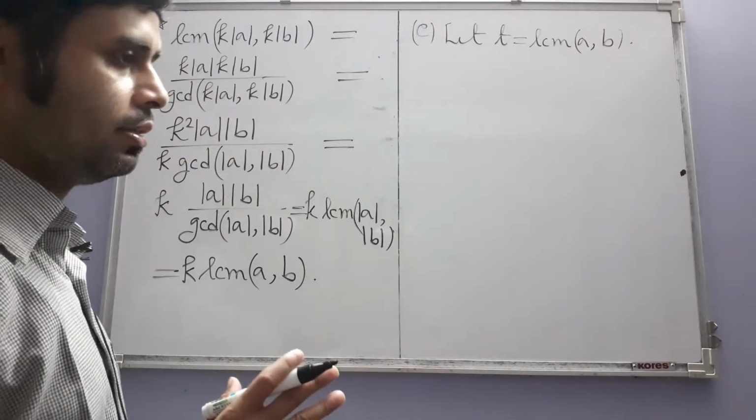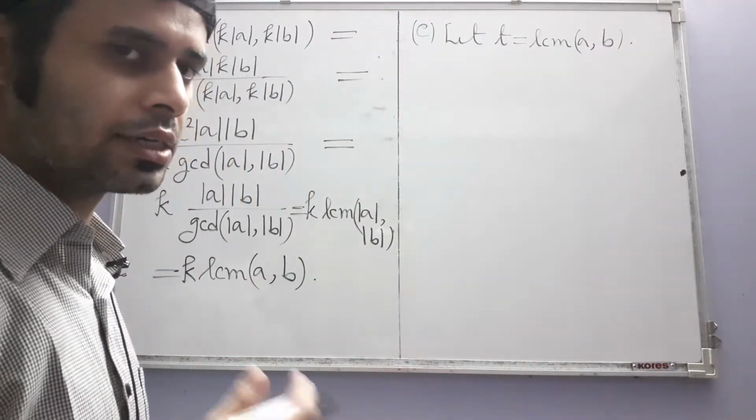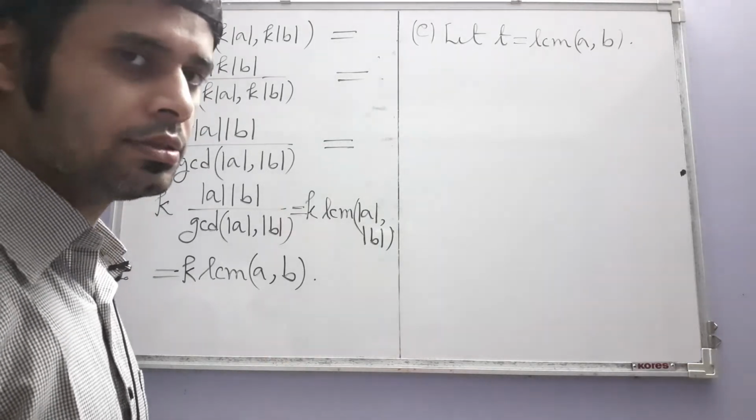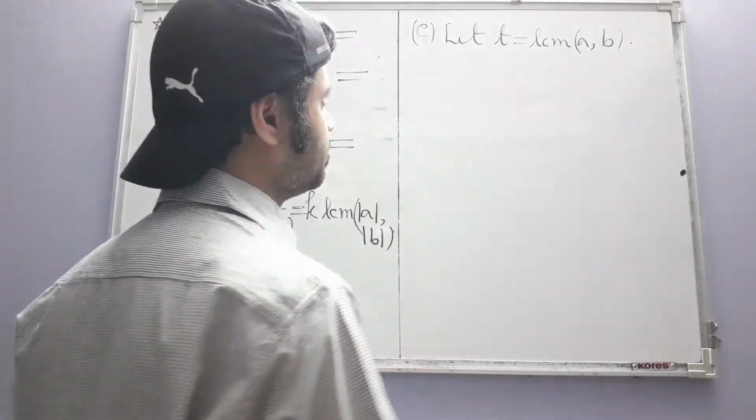Then T is by definition a positive integer. Whatever it is, it ultimately is a positive integer.